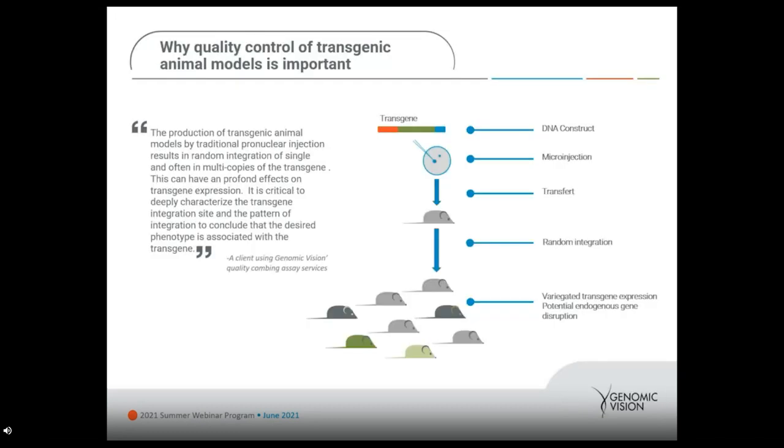Here I'm going to quote one of my clients, because the production of transgenic animal models by traditional pronuclear injection results in a random integration of single and often multiple copies of transgenes that can be arranged in concatemers. And this can have a profound effect on transgene expression. It is thus critical to deeply characterize the transgene integration site and also the pattern of integration to conclude that the desired phenotype is associated with the transgene.